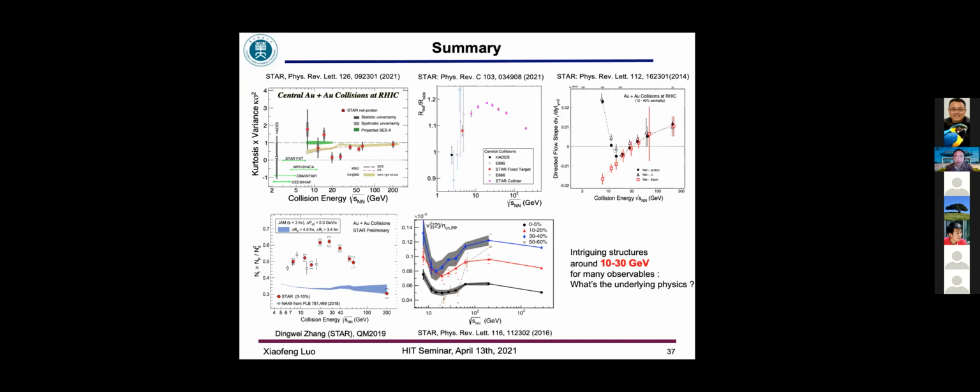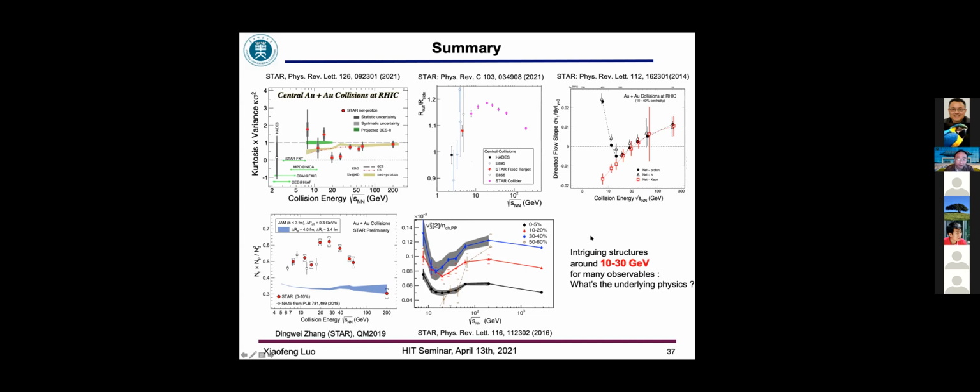Okay, this is my summary. So far, STAR has carried out many interesting measurements in beam energy scan phase 1 of different experimental observables. From all those observables, we see interesting structures, dip, peak, dip, peak, dip, around 10 to 30 GeV.